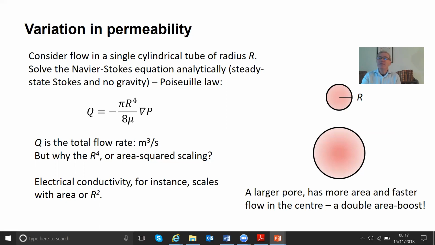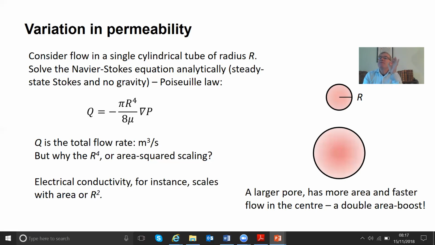Now, why is that? This is illustrated here at the bottom. Here we have another tube, which does indeed have twice the radius. And the colours aren't as clear as maybe they should be, but what we know about flow is that at the solid surface, the velocity is 0. As you go away from the solid, the velocity increases.